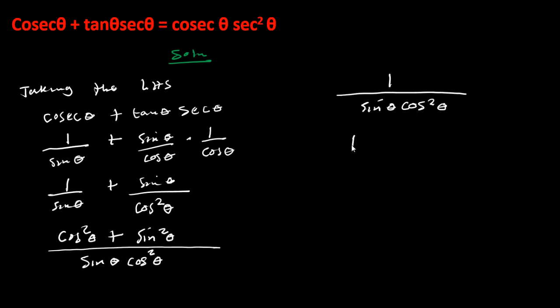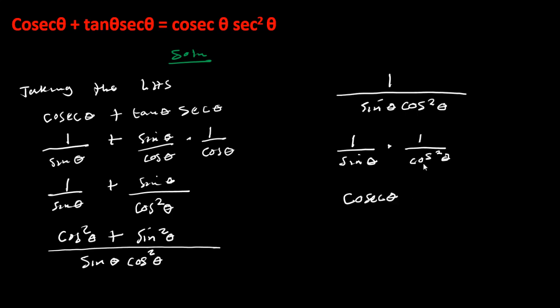So with that being done, these two can also be separated in such a way that this one can be 1 over sine theta, dot 1 over cos squared theta. So we know that 1 over sine theta is cosec theta. So this is just cosec theta.